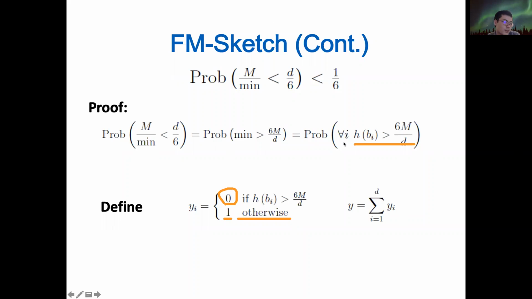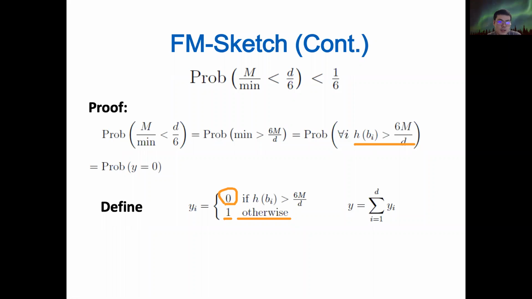So the probability that all of them do not break it means all D indicators are 0, which means Y is 0. So we want the probability that Y equals 0.